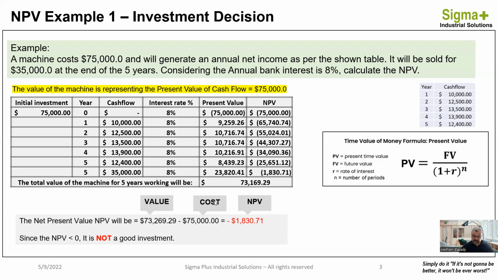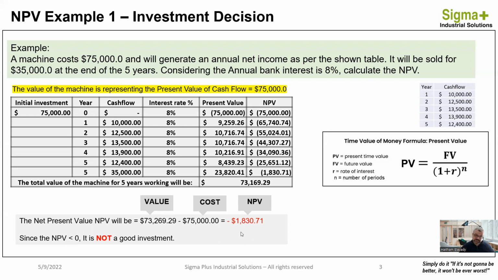So the 73,169 is the real value of the machine after 5 years, compared with the investment cost I paid, which was $75,000.